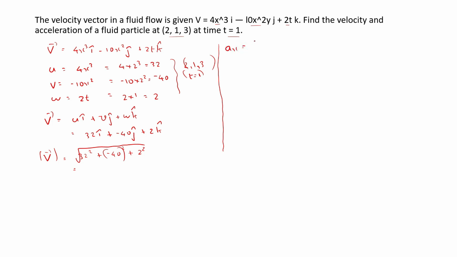To find the acceleration, you know ax is equal to, according to the formula, dou u by dou t plus u into dou u by dou x plus v into dou u by dou y plus w into dou u by dou z.